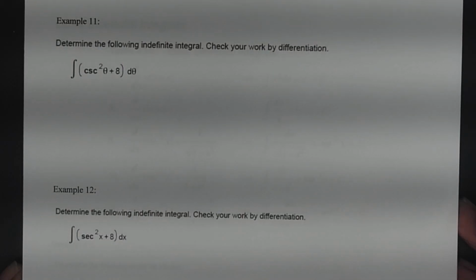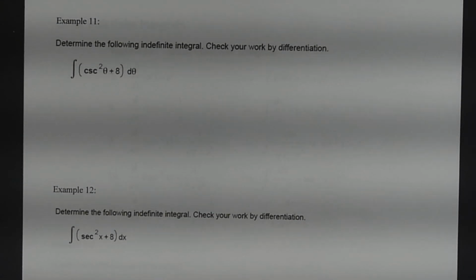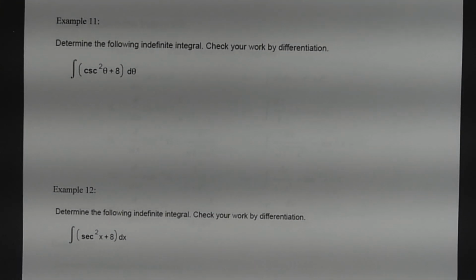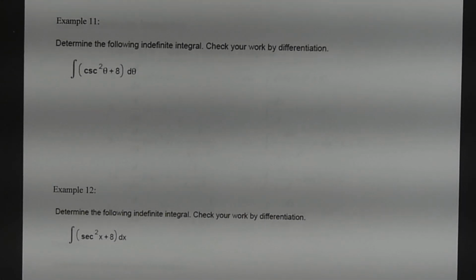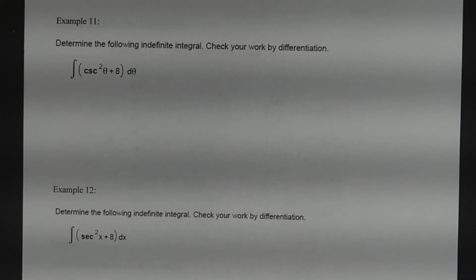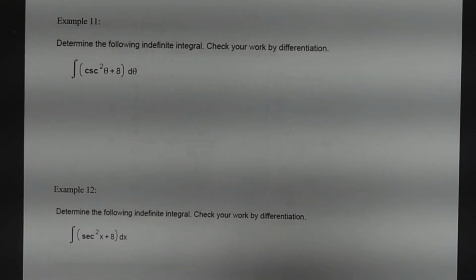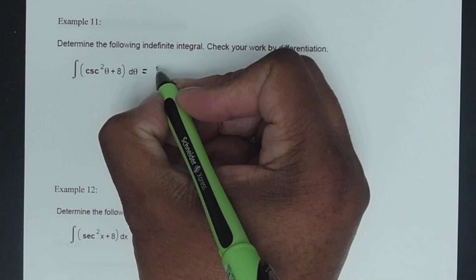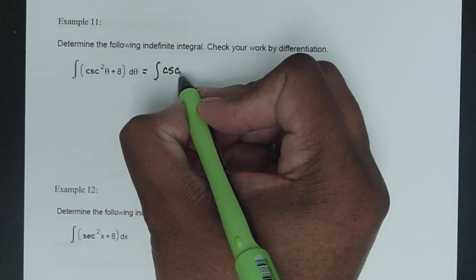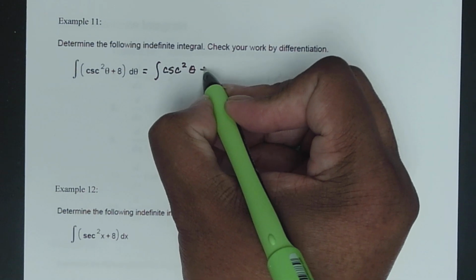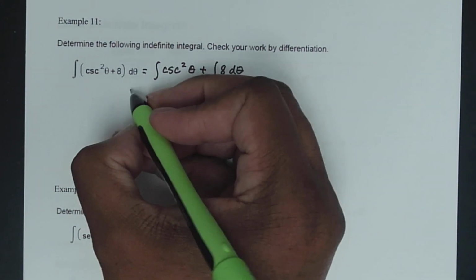Starting with example 11, we want to determine the following indefinite integral, and we're going to check this one by differentiation. So here we got the integral of the cosecant squared of theta plus 8 d theta. So if I break this up, I have the integral of the cosecant squared of theta plus the integral of 8 d theta.